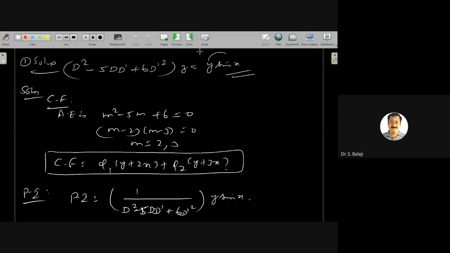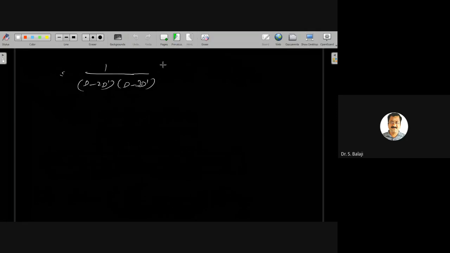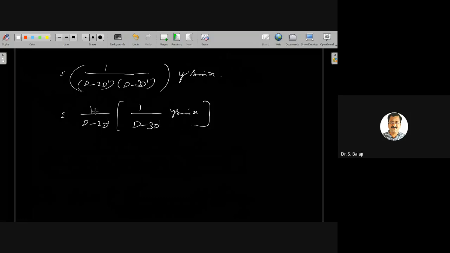So this can be written as 1/((D − 2D′)(D − 3D′)) of y sin x. Operate this factor first and then this one: 1/(D − 2D′) of 1/(D − 3D′) of y sin x.